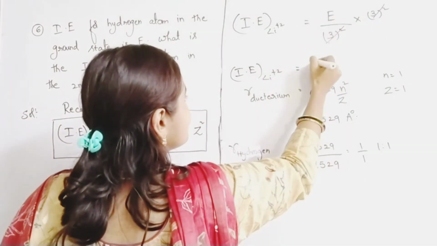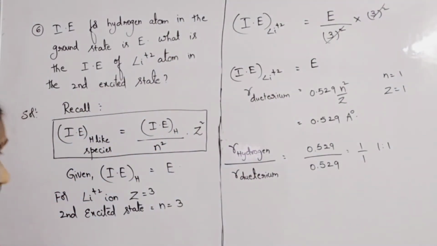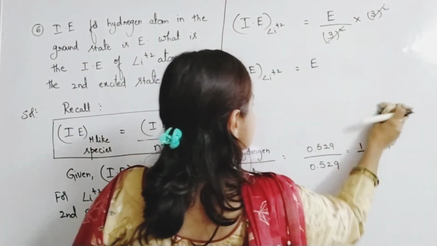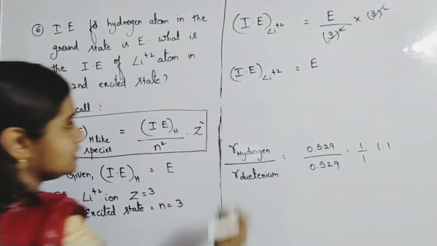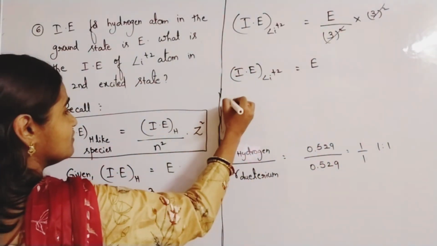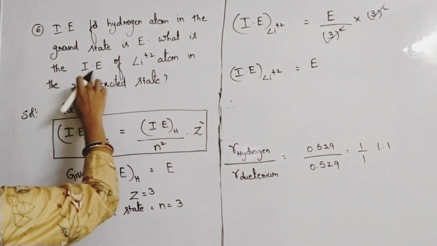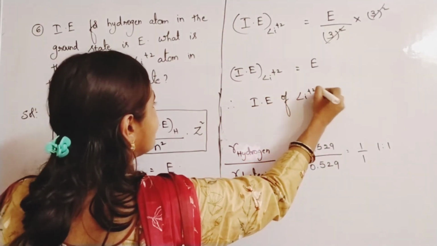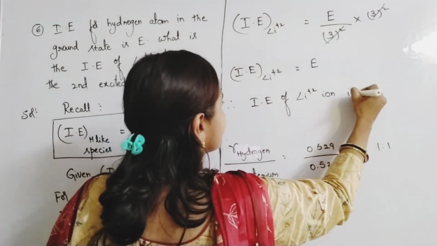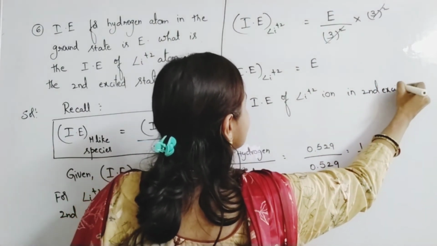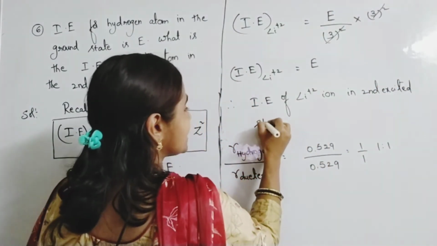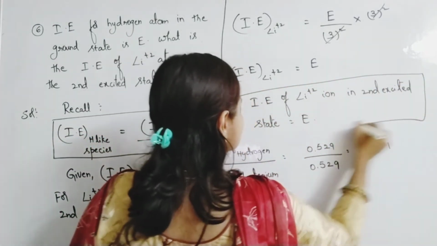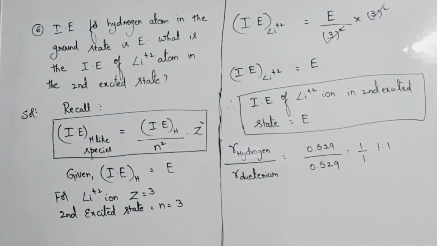What is left is E only. So in the second excited state, lithium's ionization energy is also equal to E only. Therefore IE of Li plus 2 ion in the second excited state is equal to E only. So this is your answer. Please note down.